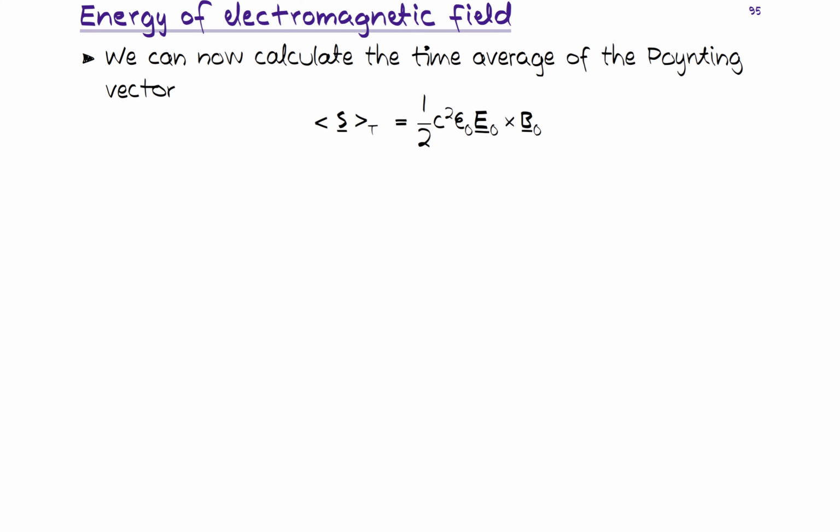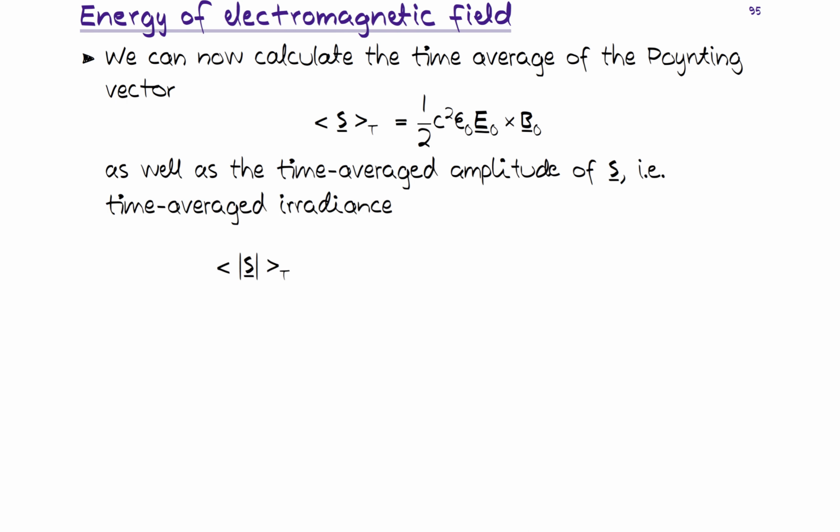And we can calculate this now, and we have then calculated the time averaged amplitude of the Poynting vector S. And this of course means that we now have the means to calculate the time averaged irradiance, so essentially the length of the Poynting vector. So the time averaged irradiance now is simply this, and then we have replaced the E naught field and the B naught field with their amplitudes, and then they're scalars, so we don't even need to calculate the cross product.